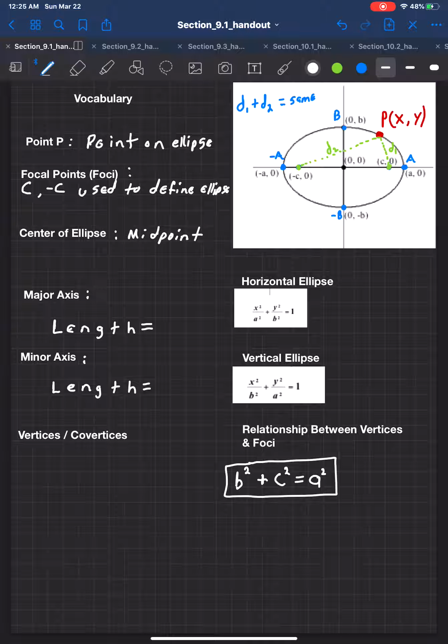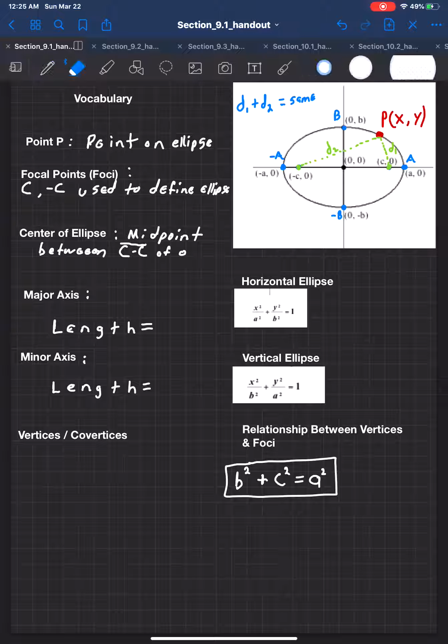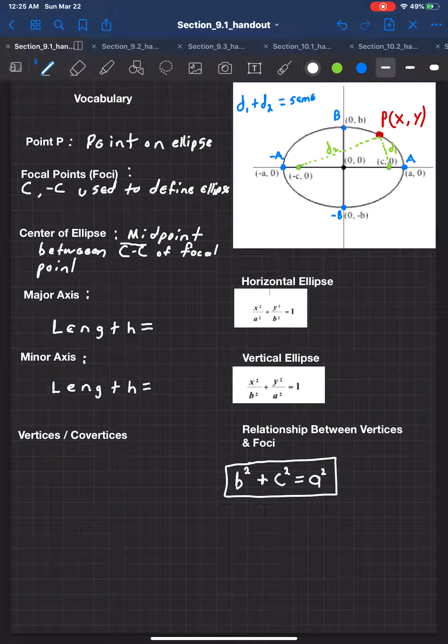The midpoint between the foci. I'll say between, and we'll write it as a line segment, C and negative C, but it's the midpoint of that line segment of focal points.